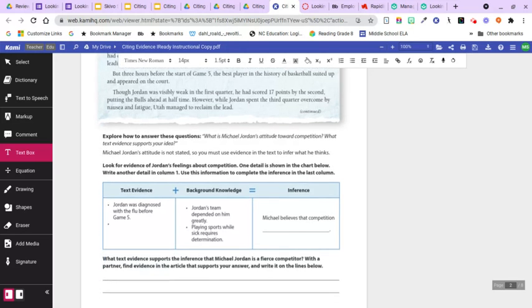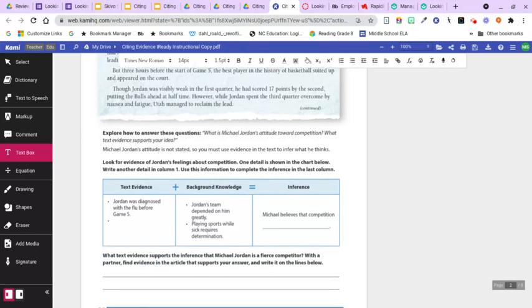So here's the recipe. Jordan was diagnosed with the flu before game 5, right? But we know his team depends on him a lot. We also know that when you're really sick, it's hard to play a sport, especially at the professional level. It's hard to be that aggressive.